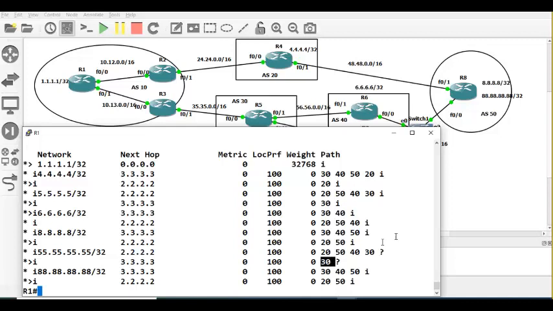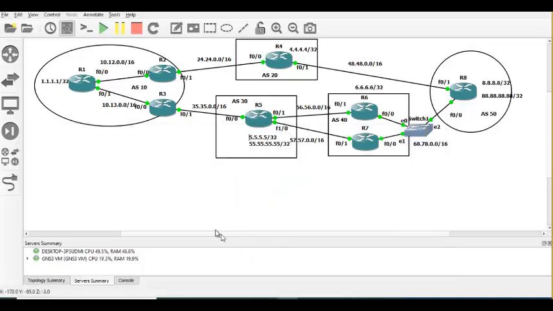Just one hop. So as of now, the tiebreaker is the AS path.